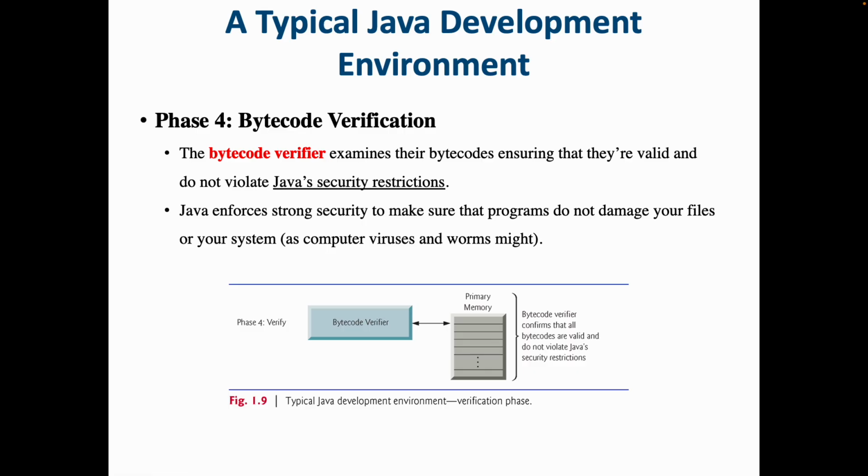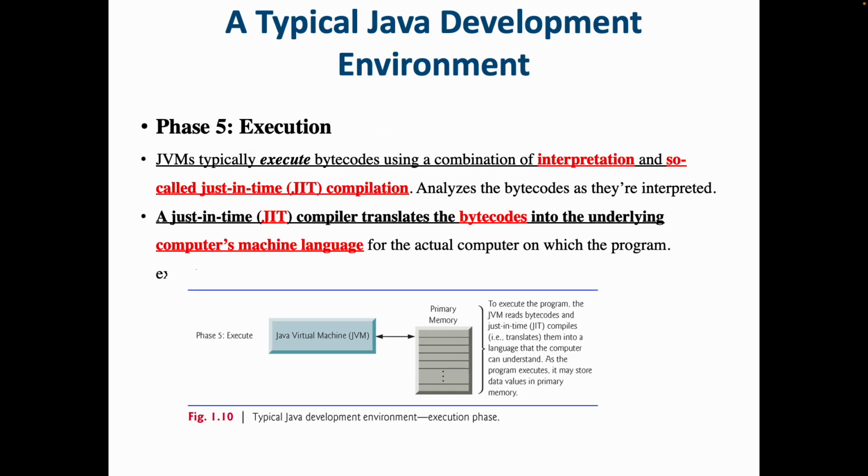It doesn't immediately run it. It first checks, is your code harmful to this computer? It might be a virus or a malicious web program. Is it giving any damage to your system? So it checks whether it is secure enough to run the code. It runs this verifier, and if it passes that, then it executes your code.